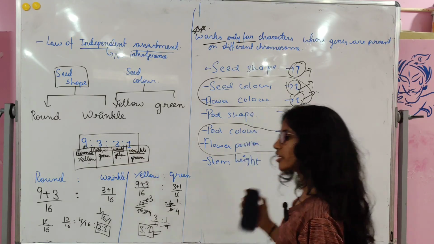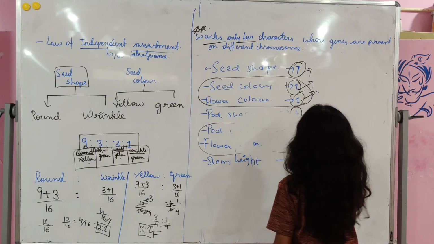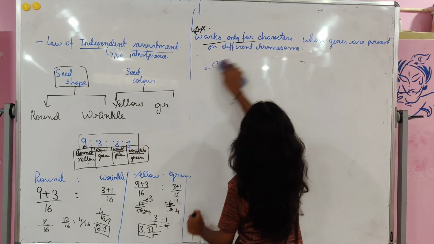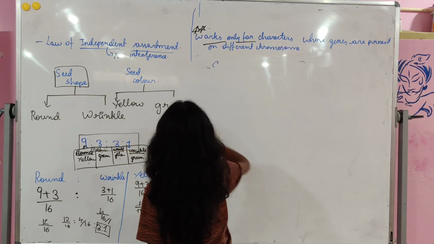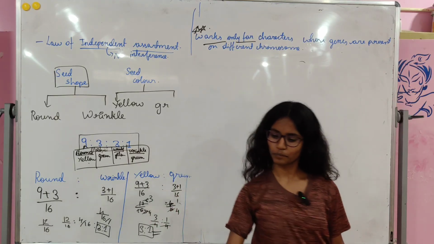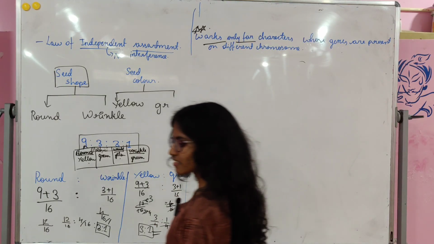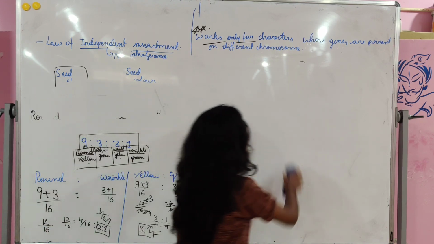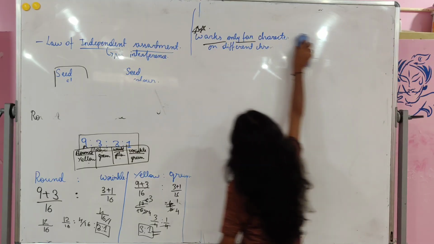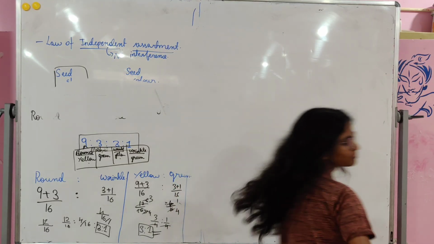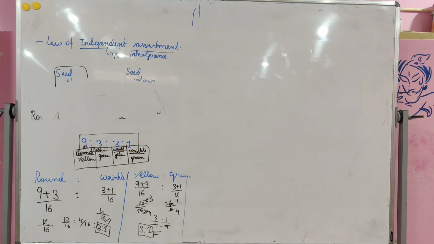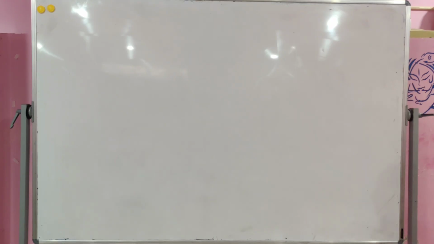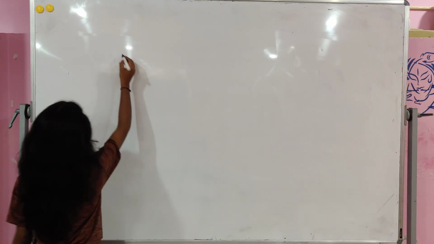Okay. Understood this part? Then we have something called back cross. I told you there is something called back cross.